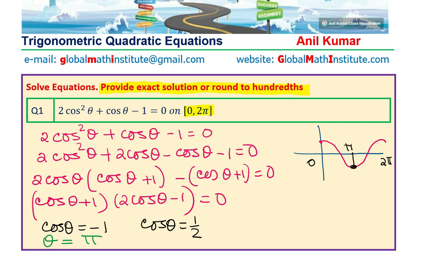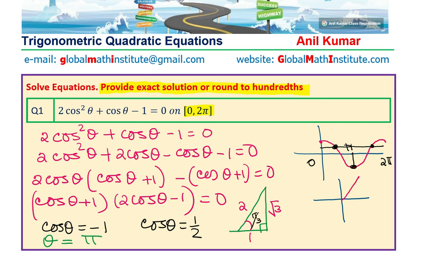The other one is half. To get this solution, it is good practice to sketch a right angle triangle, which gives you the exact value. So we know 1, 2, and square root 3 are the values when this angle here is pi by 3. Now, within 0 to 2 pi, there are two solutions, in quadrant 1 and in quadrant 4, the angle being pi by 3.